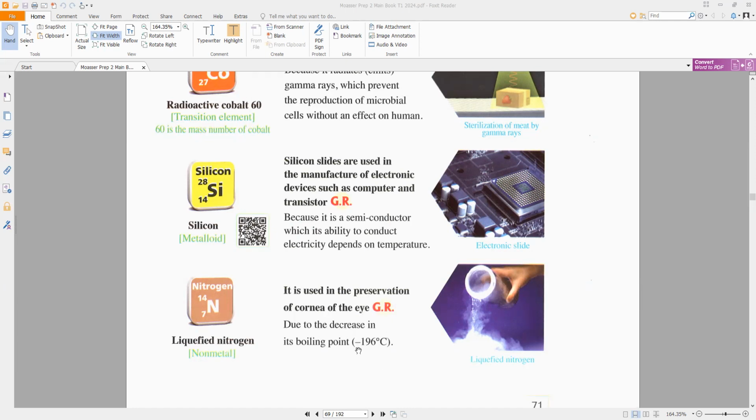liquid to minus 196. So it doesn't boil or change to gas until this temperature. So it keeps liquid at this temperature, and below this temperature it is kept liquid. Above this temperature, it changes to gas.